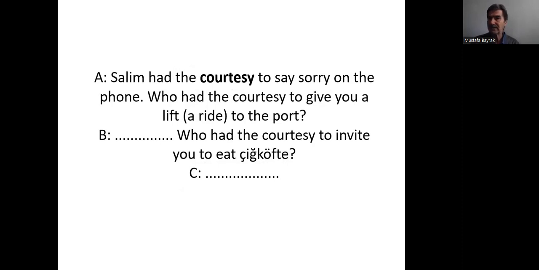Who had the courtesy, noun, to give you a lift, a ride to the airport? My neighbor George had the courtesy to give me a lift to the airport. Who had the courtesy to invite you to eat çiğ köfte? Ibrahim Bey had the courtesy to invite me to eat çiğ köfte.